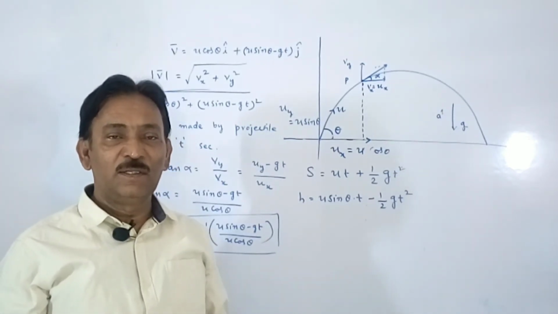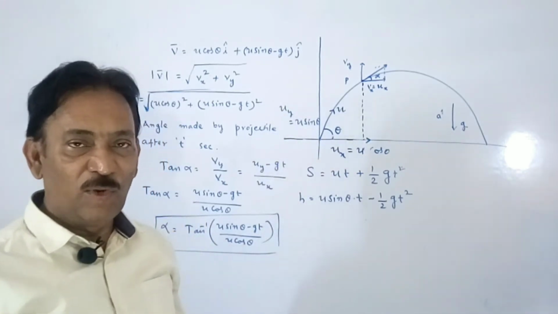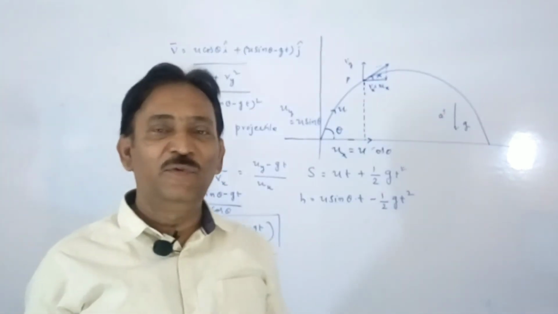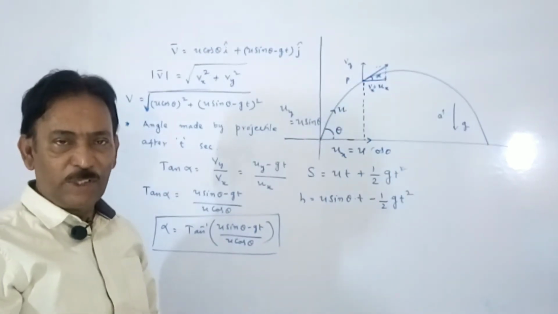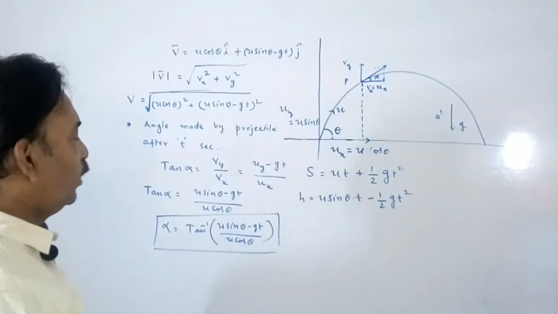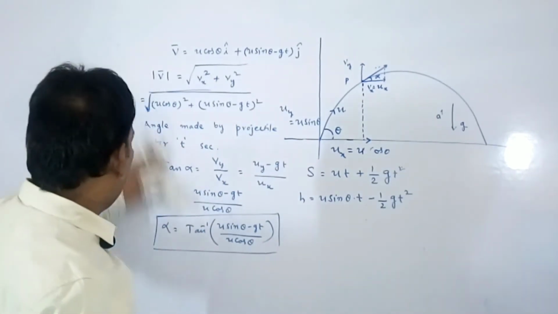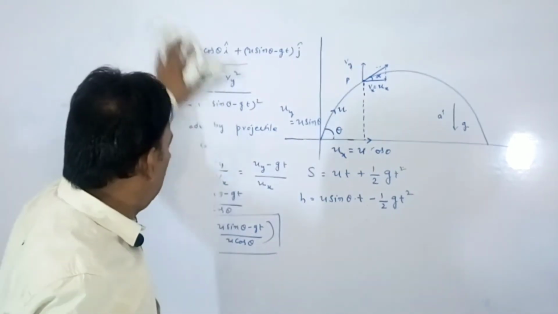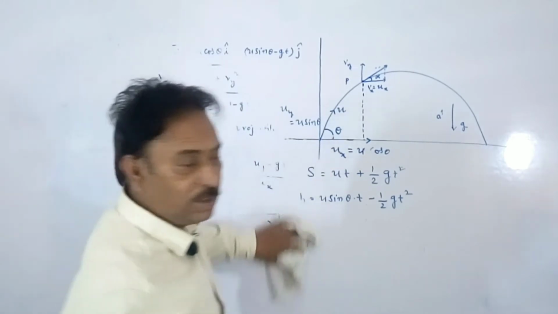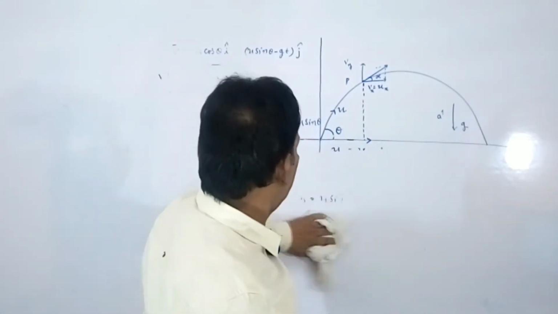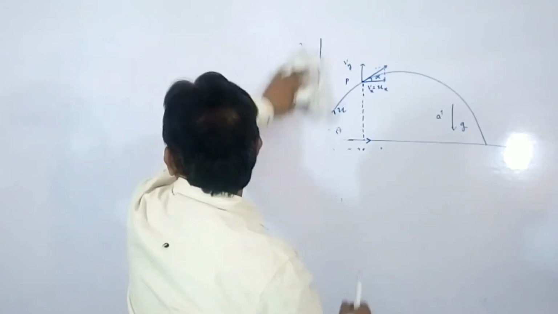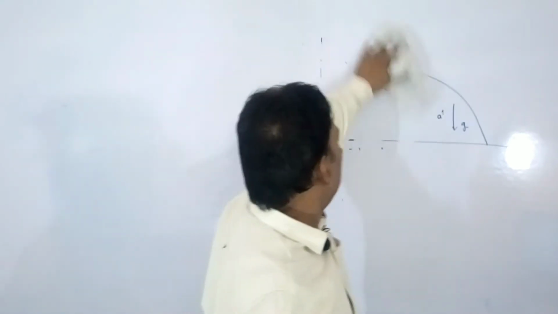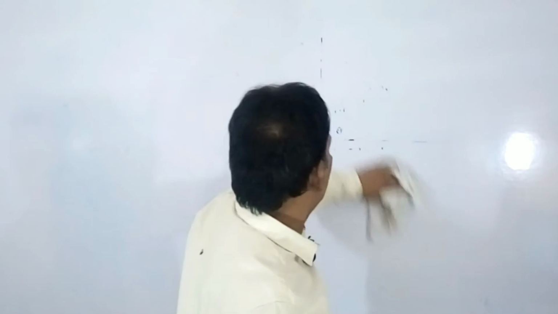Okay students, in the next edition of the video, we will do the problems related to projectile motion. Then we will learn about the factors which are affecting the projectile motion, that means the physical quantities which are related to the projectile motion.